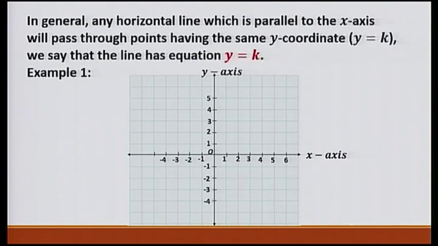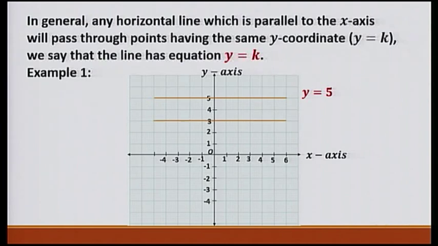Let's have a look at example 1. Now, this line is parallel to the x-axis and it has the same y-coordinate, that is 5. The equation of the line is y is equal to 5.